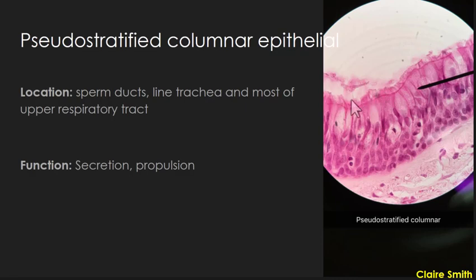Again, you can see on the top here, these ones have cilia on them. These can be found in sperm ducts, in the trachea, and most of the upper respiratory tract. Function is secretion and propulsion. Again, we're secreting some different mucus, stuff like that, and propelling, again, with those cilia, especially in the sperm ducts, getting those sperm to move along. Okay?